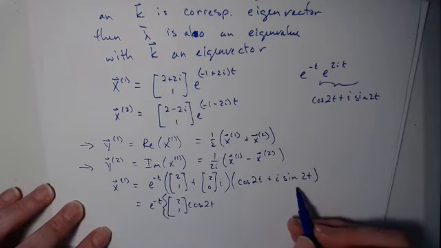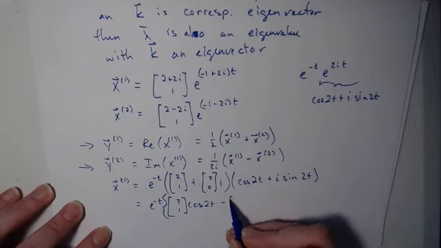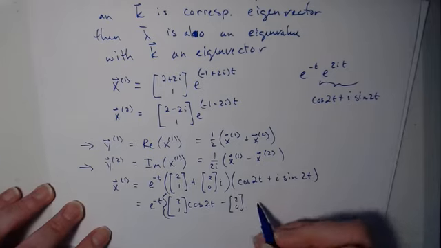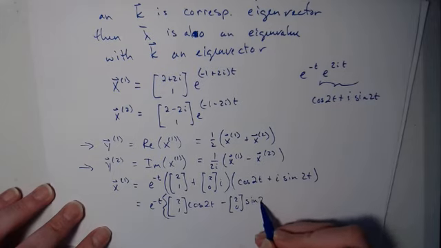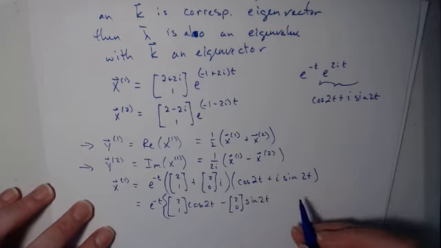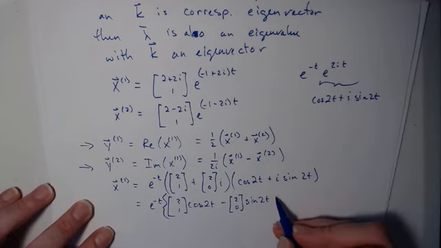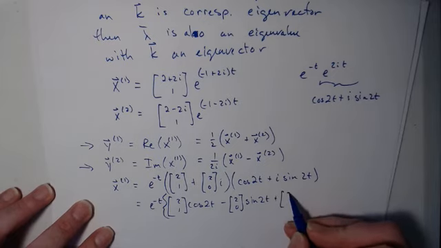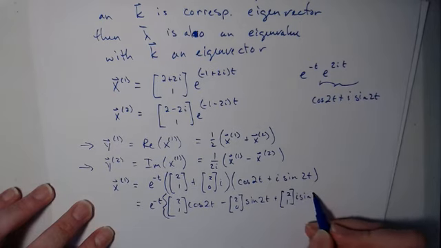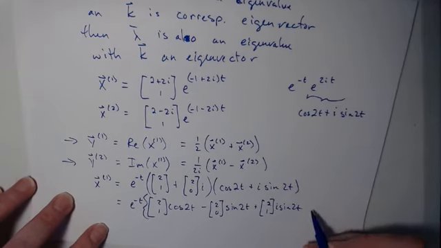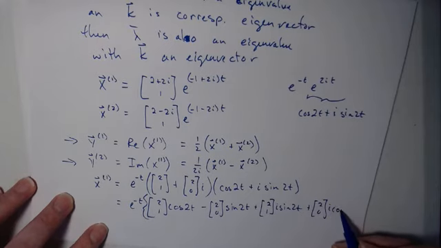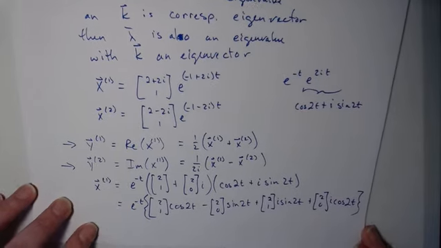I'm going to take the last next because my i's are going to cancel when I do that. So then I get minus 2, 0 sine 2t. And then the outer and the inner are going to give me plus 2, 1 i sine 2t plus 2, 0 i cosine 2t.